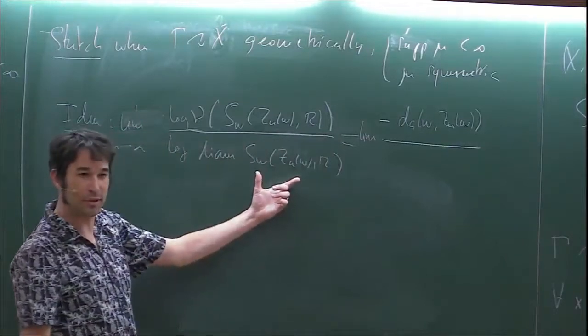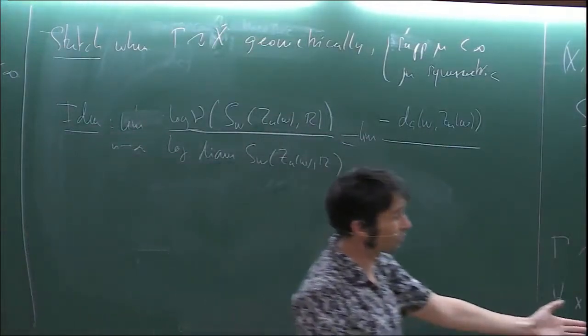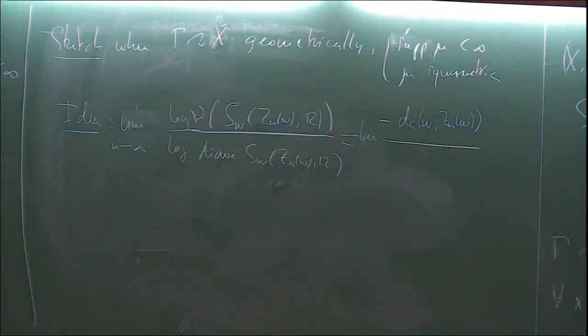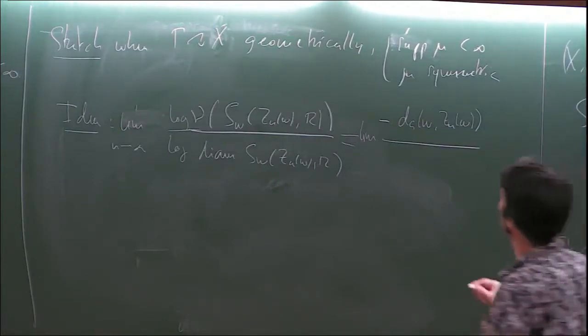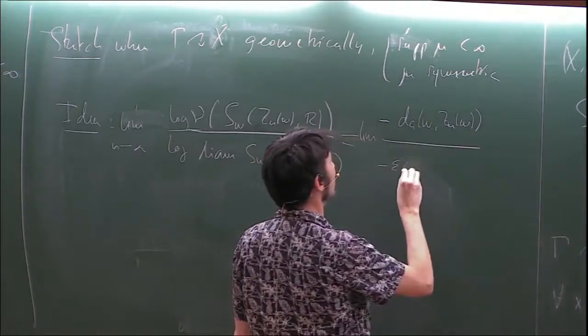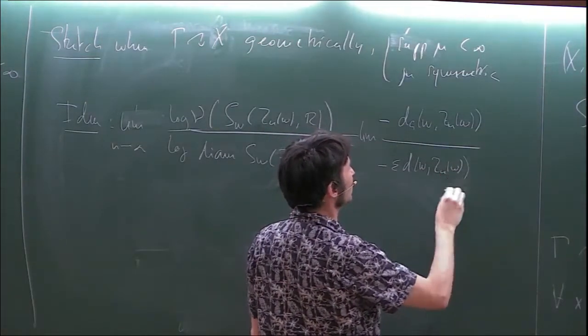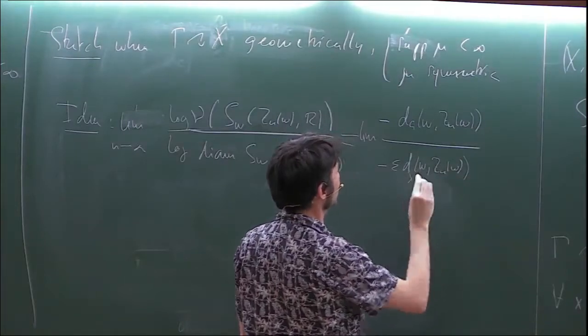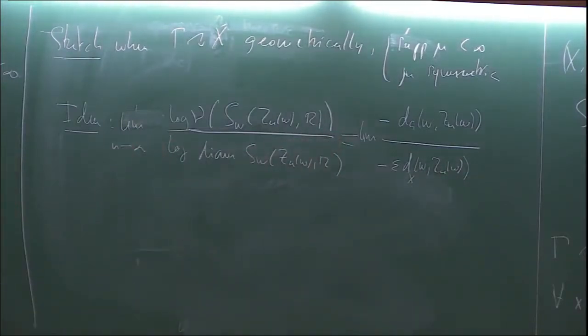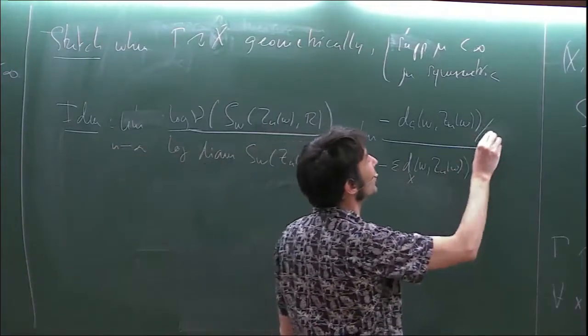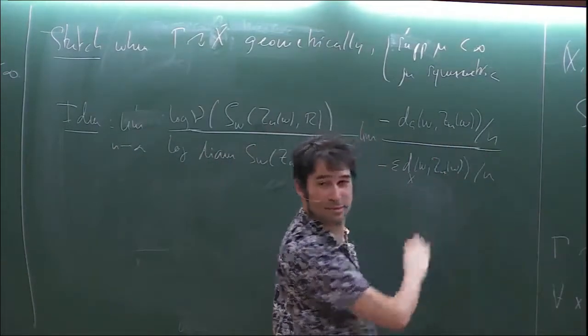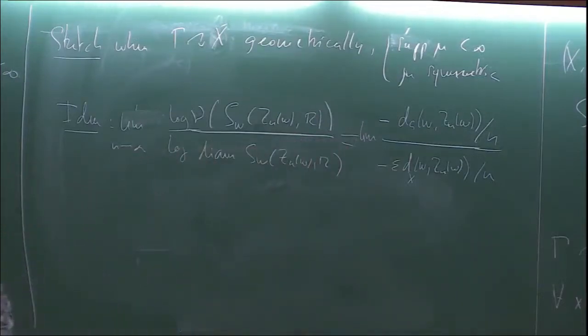And what is the diameter of the shadow? Well, I told you it's given here with a distance in X. So this is minus epsilon, the distance of w to z_n w, so in X. Okay? And so now you can do the little trick, which is you divide by n on top and below. And what do you recognize?